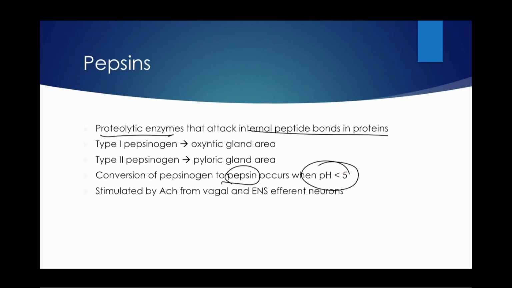Now the pH drops and activates all that pepsinogen into pepsin, which will start breaking down your proteins. But it only happens when the pH is low, meaning there's food in the stomach. Otherwise, the pH comes back up because you're not eating, there's no reason for the hydrochloric acid, and the pepsinogen stays as pepsinogen. We don't need it as pepsin anymore.